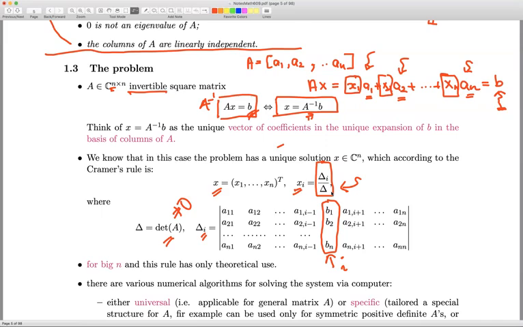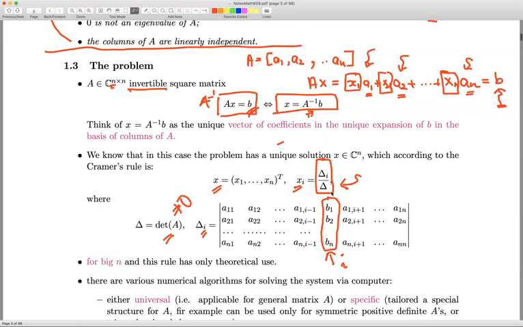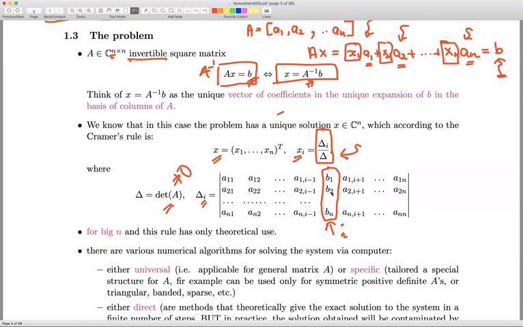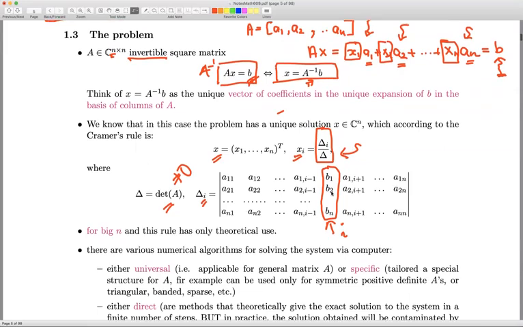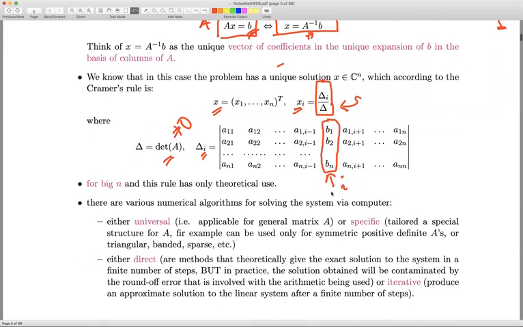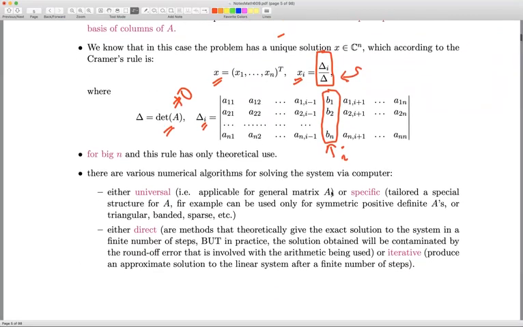So in practice, in engineering applications, people use various numerical algorithms to solve the linear system, especially for large values of n, for large dimensions. Somehow we can divide all these algorithms for numerically solving the linear system into two big groups.